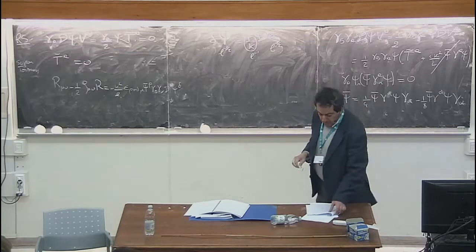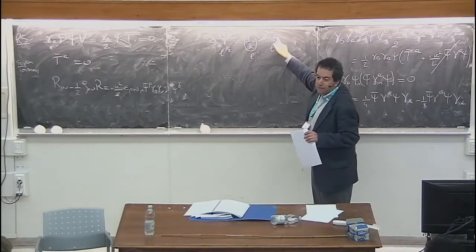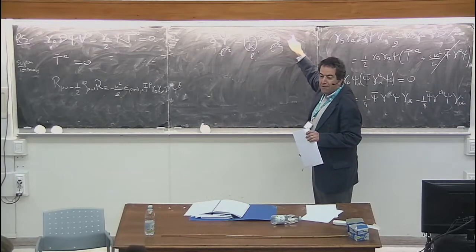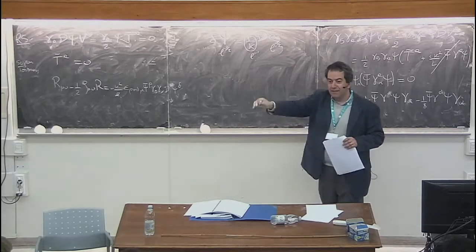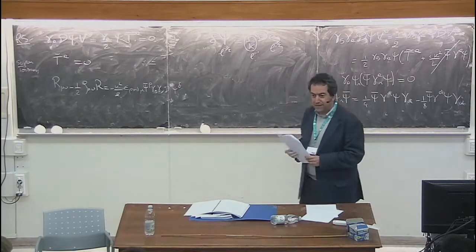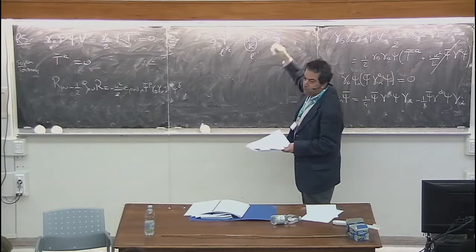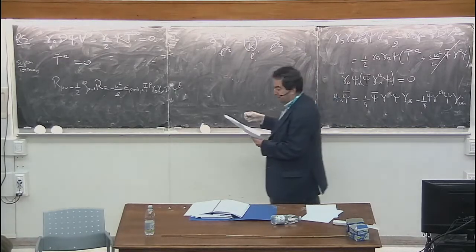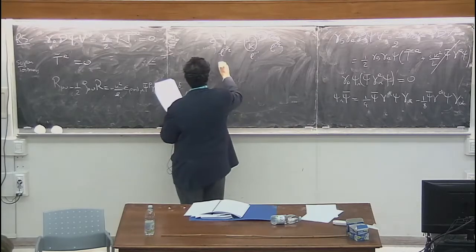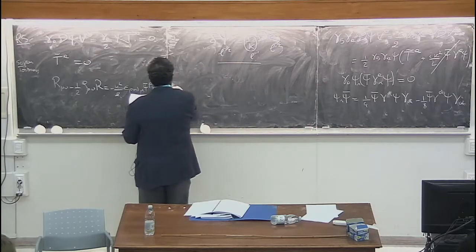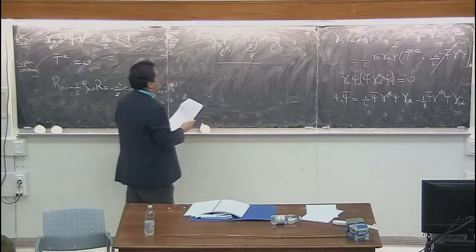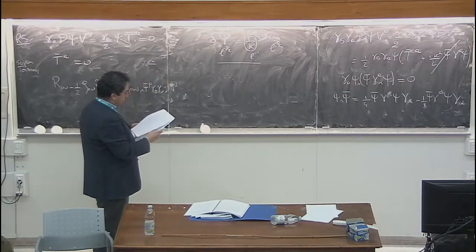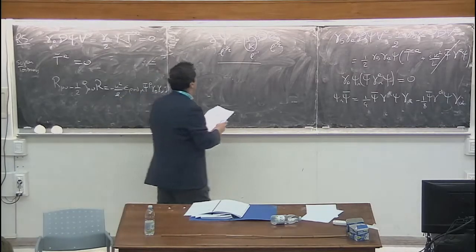Why length to the 1/2? Because we want epsilon bar gamma a epsilon to be a coordinate shift. So the square of two supersymmetry transformations is a diffeomorphism, a space-time translation. So this is the way in which supersymmetry acts on psi.